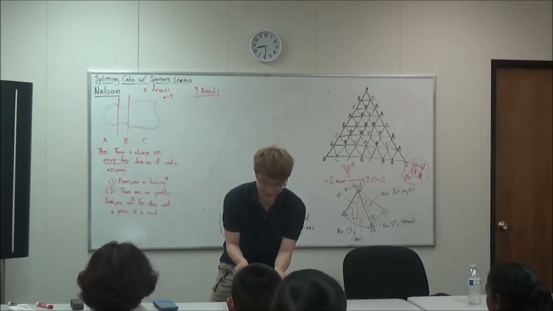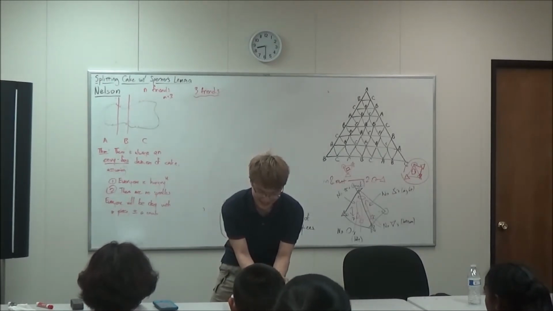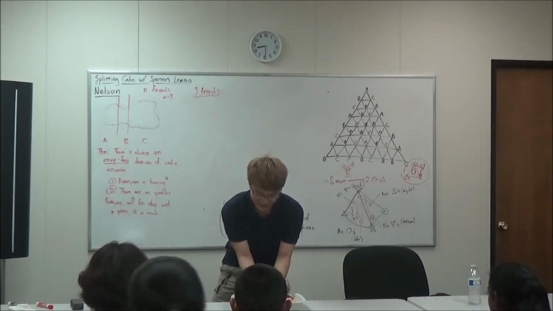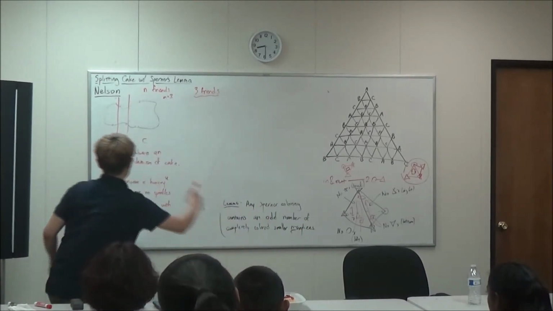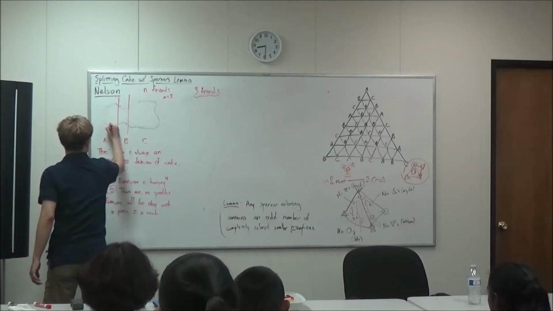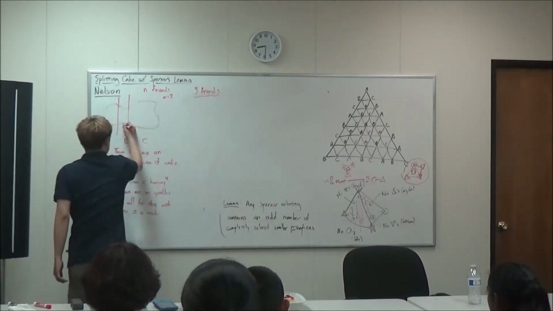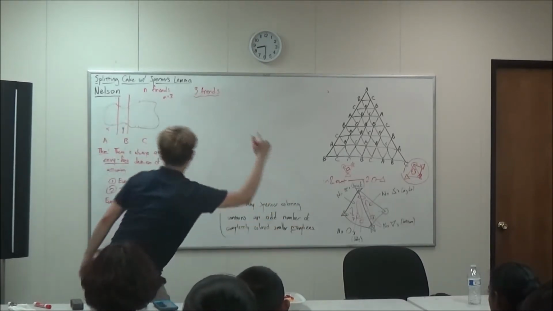So I'm just going to split the cake like this, right? I've split it into 3 different pieces. I'm going to call this left piece the x piece, this piece the y piece, and this piece the z piece.